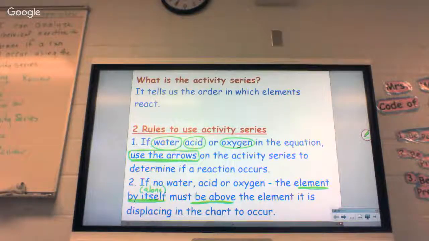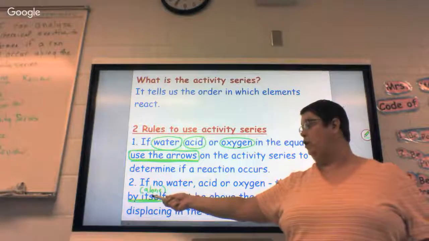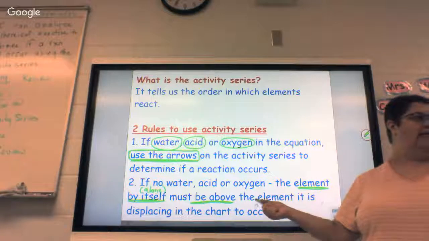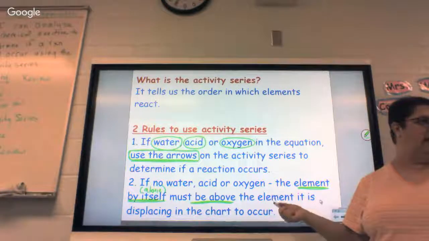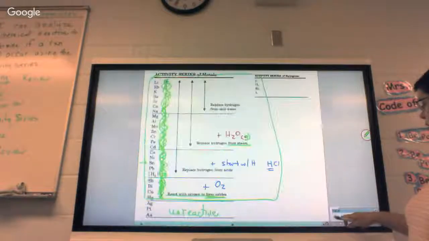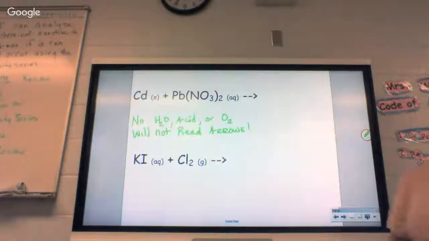If there's no water, acid, or oxygen, the element that's alone or by itself has to be above the element it's displacing. Whoever's alone or by itself has to be above whoever it's displacing. So we have to find the oxidation numbers to see who's displacing who.